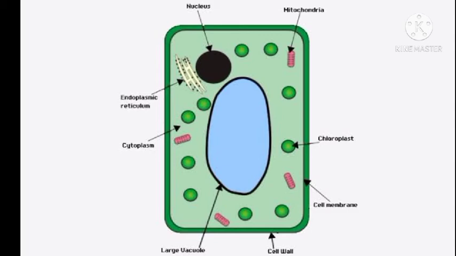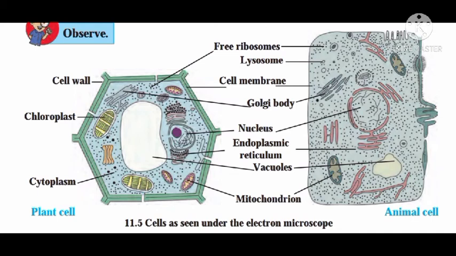You can see some organelles in the plant cell: cell membrane, cell wall, vacuole, cytoplasm, endoplasmic reticulum, nucleus, mitochondrion, and chloroplast is also present in the plant cell. If we compare the animal cell and plant cell, you can easily see that mitochondrion, vacuole, reticulum, nucleus, Golgi body, cell membrane, and ribosome are commonly present in both cells.